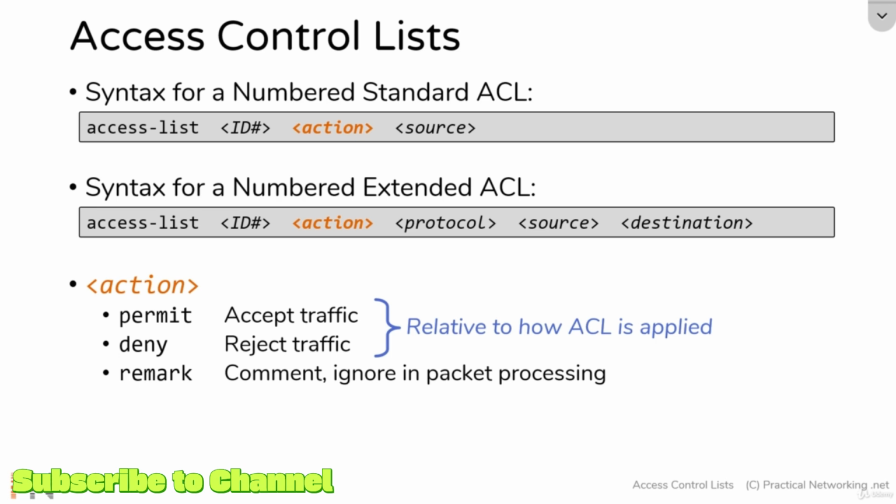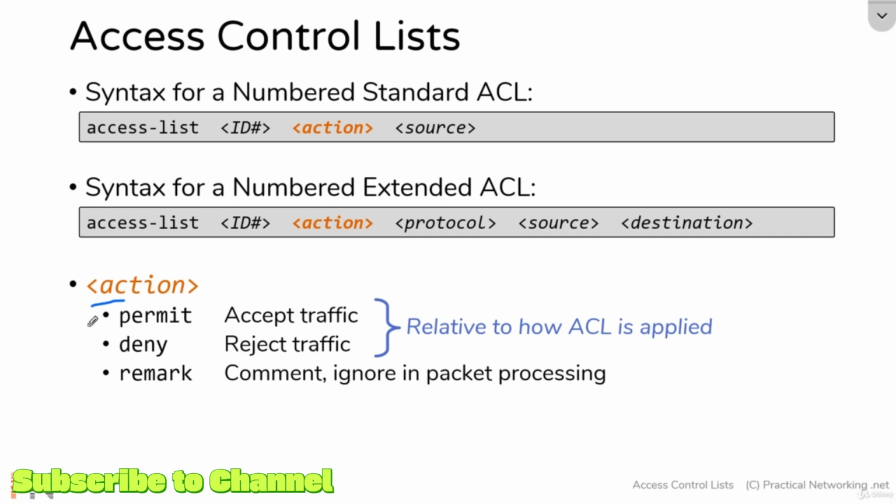For example, if you apply an access list to an interface, then the permit is saying I will allow this traffic to go through the interface, and the deny is saying I will not allow this traffic to go through the interface. But if you apply this access list to network address translation, then the permit is saying I will translate packets which match this ACL. And the deny is saying, I will not translate packets which match this ACL. But that packet might still be allowed through the interface.